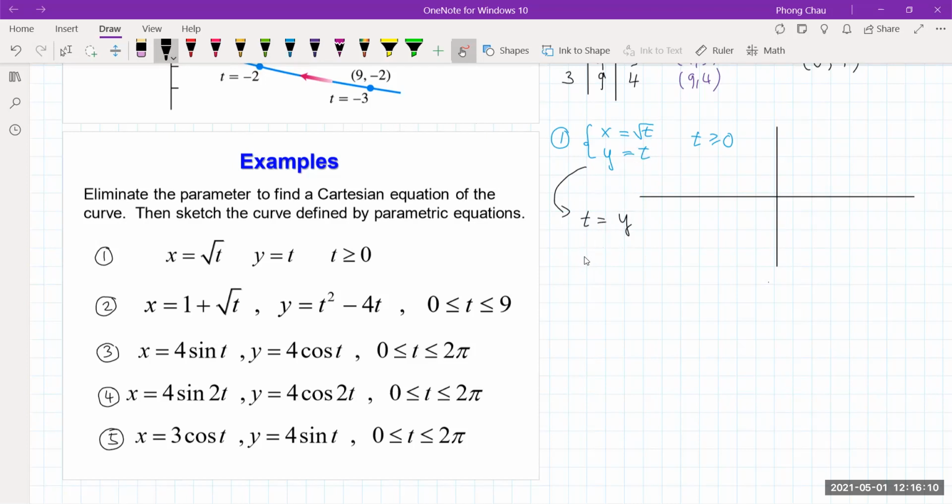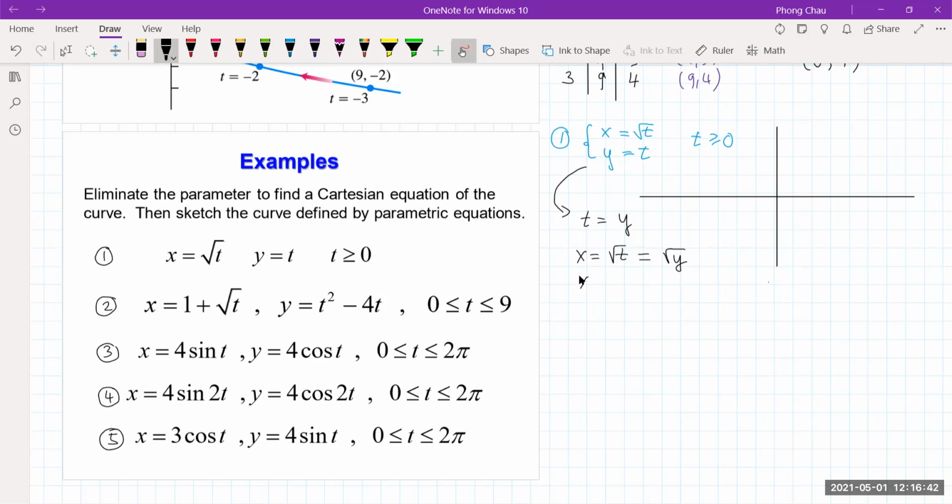The first equation, we have x equals square root of t, but t is y, so you substitute in, you have square root of y. Now you see that we have the relationship between x and y. So now x equals square root of y, or when I solve for y, you square both sides, you will have y equals x squared, right?